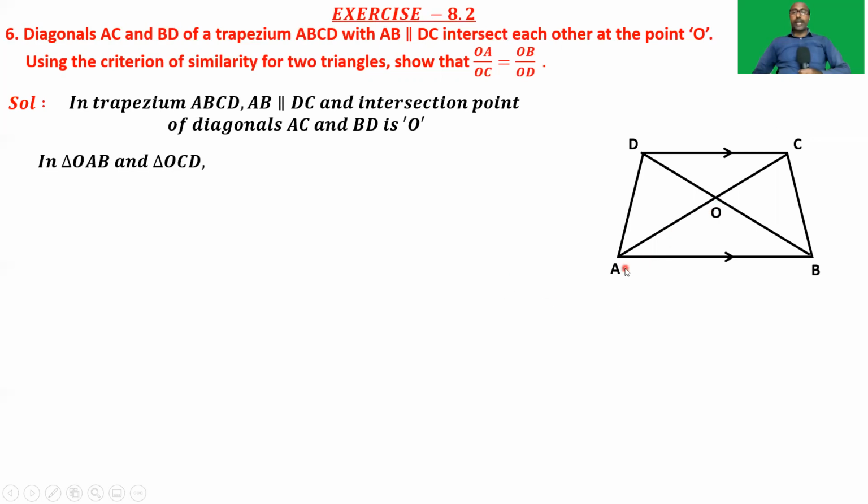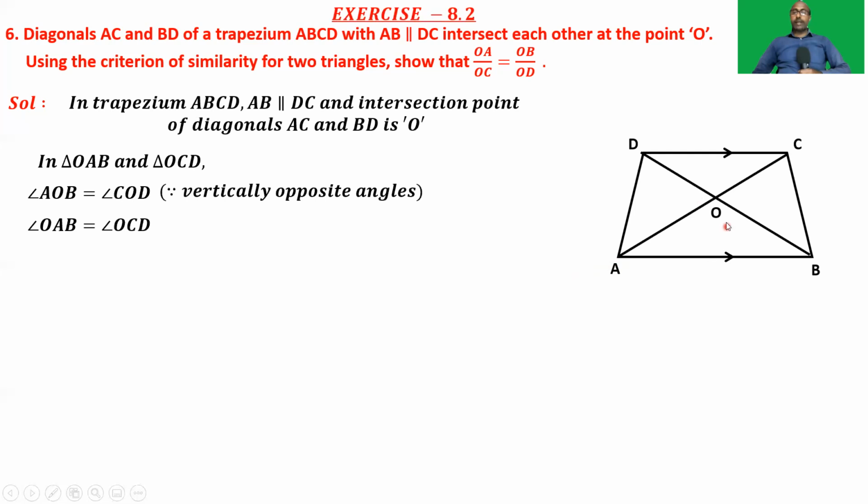Now consider triangle OAB and triangle OCD. We have AB parallel to DC, so angle C and angle A are alternate interior angles, which are equal. And also angle AOB is equal to angle COD, because they are vertically opposite angles.